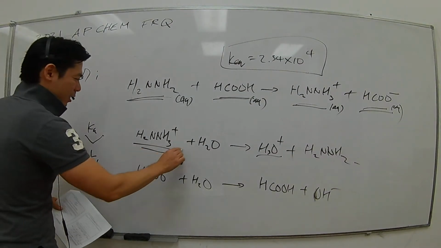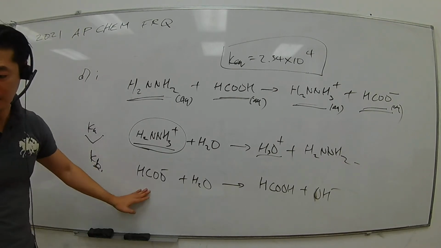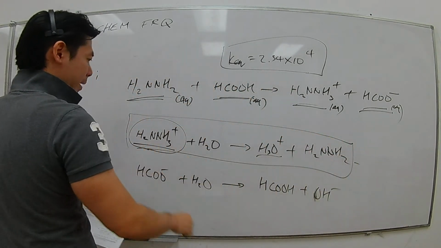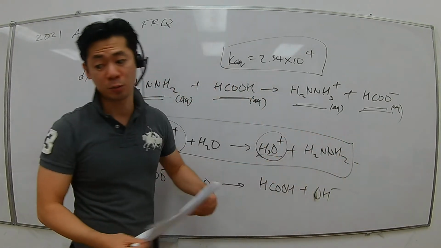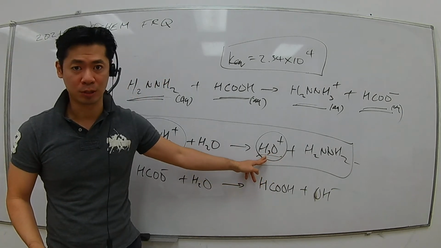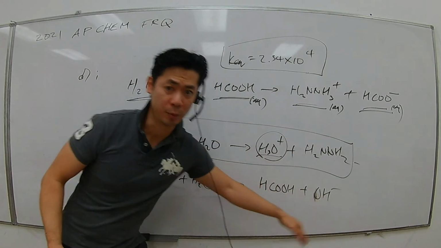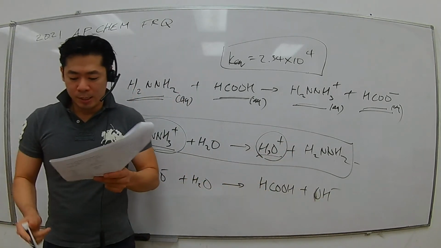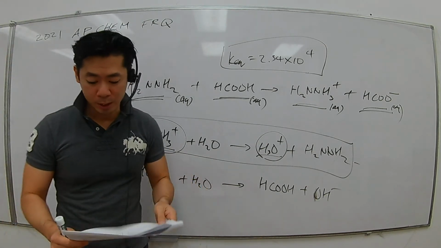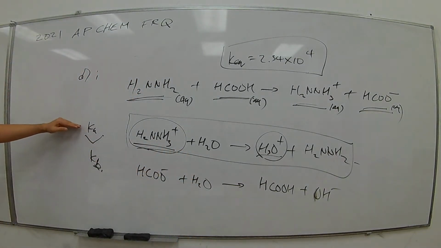So Ka for this is a greater value than Kb for this base, which means this will be producing a greater amount of H3O plus, and hence the solution will be slightly more acidic because it produces more hydronium ion compared to the hydroxide from the bottom reaction. So that's probably the reason why I think the answer for D2, which is the hardest question of the entire thing, should be acidic, because this one has a greater K value.